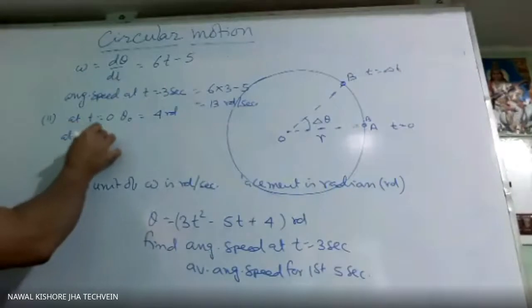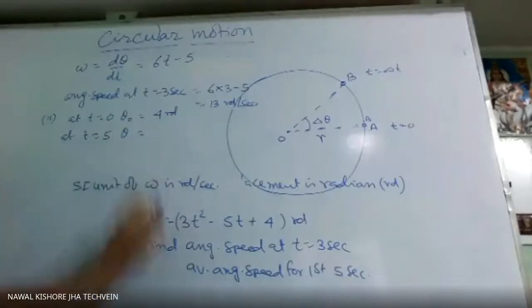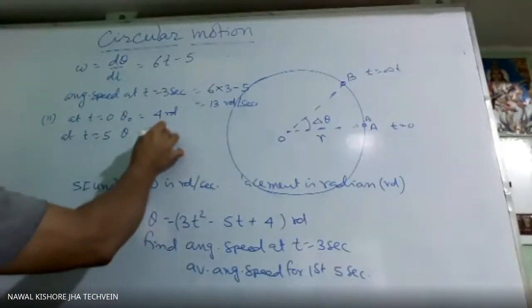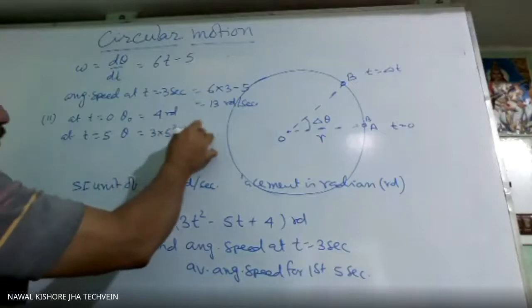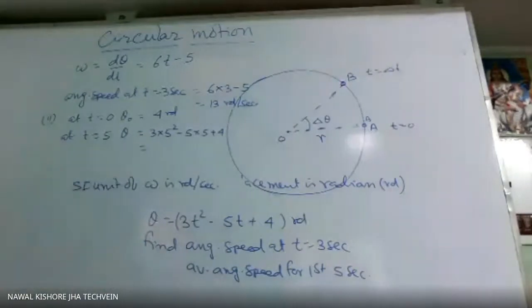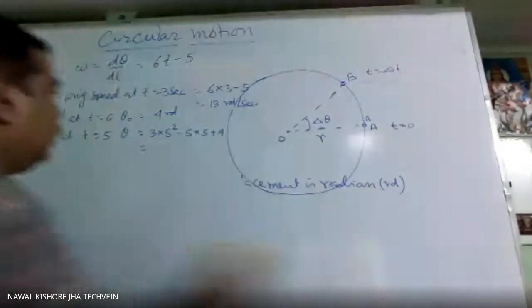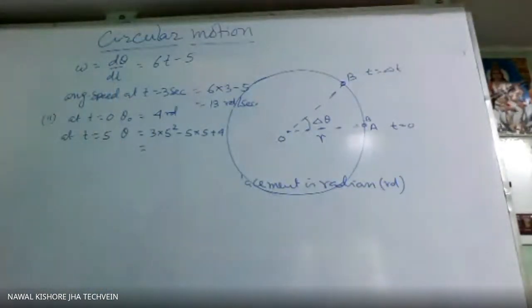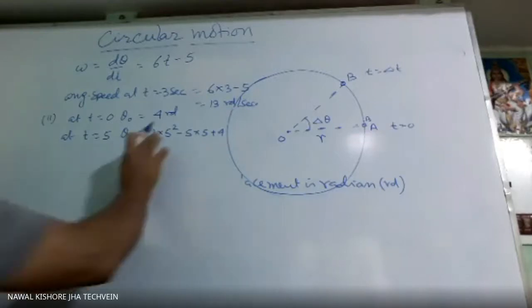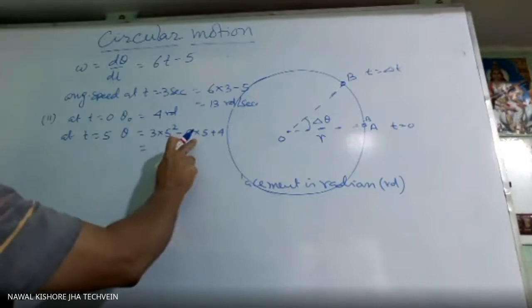At t equal to 5, because we are asked for the first 5 seconds, theta is how much? 3 into 5 square minus 5 into 5 plus 4. 25 into 3 is 75, minus 25, that is 50, plus 4, 54.